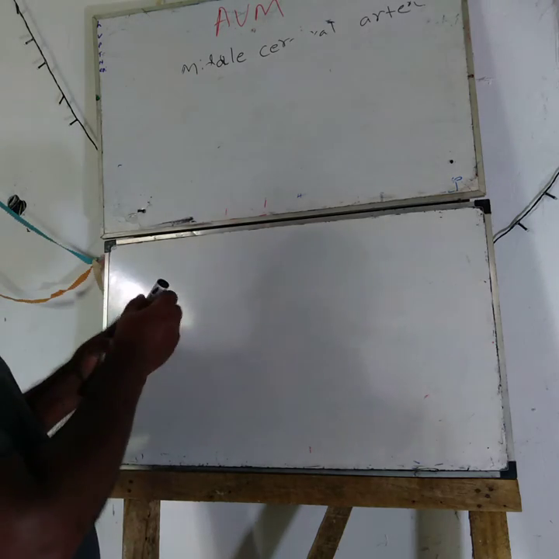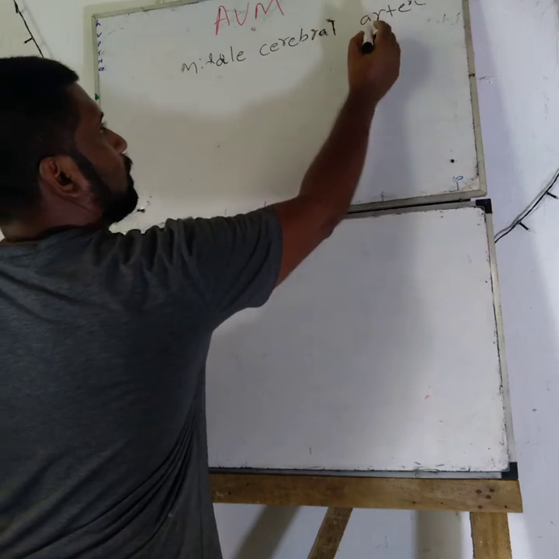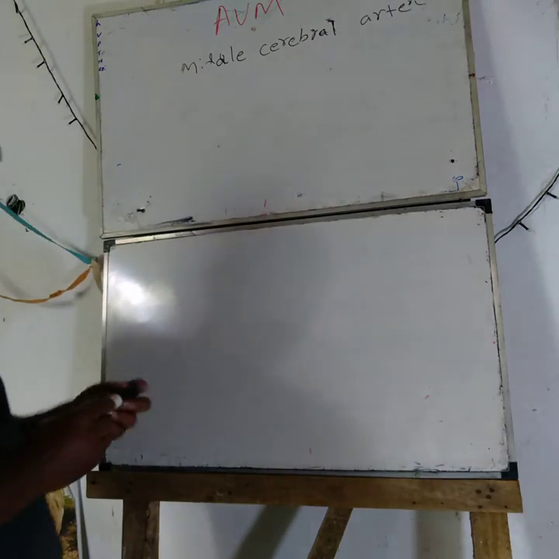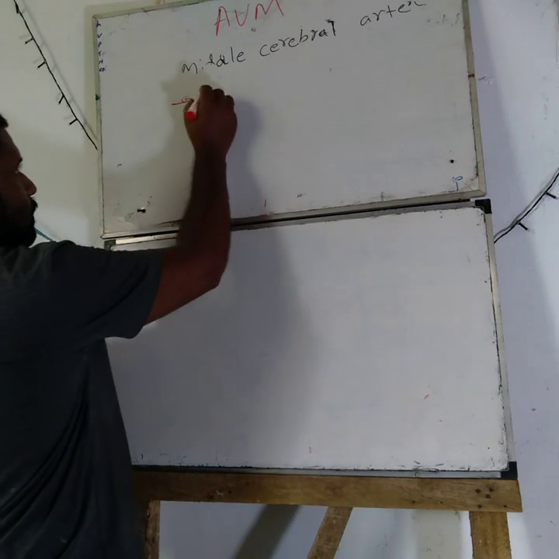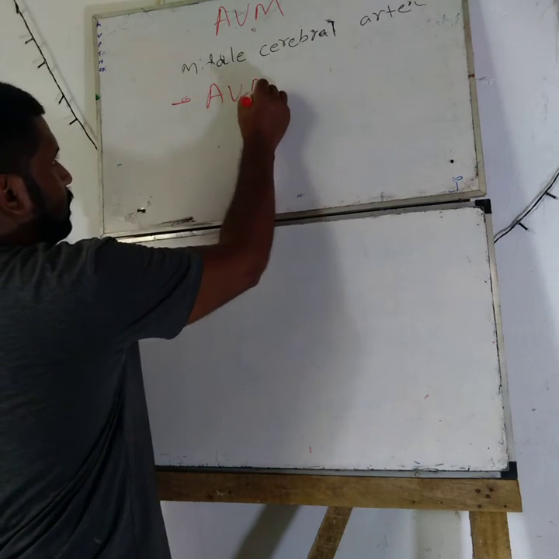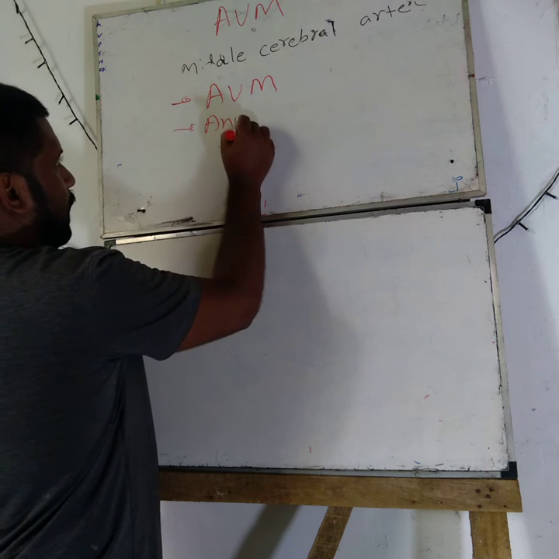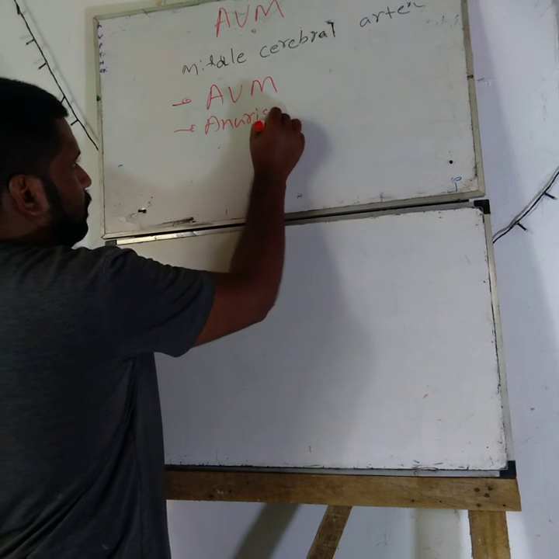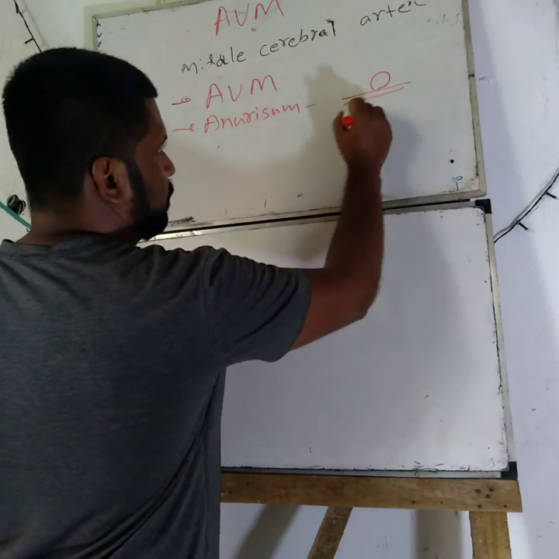Middle cerebral artery. We know AVM is the most important. The aneurysm is also an arterial problem.